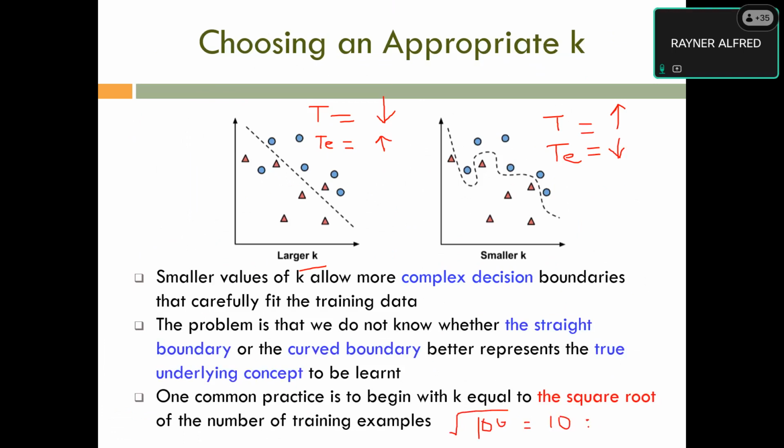So your k is 10. Okay, so this will be the best practice. So you start with 10, given 100 samples. Then you can move k up or you can move k down.